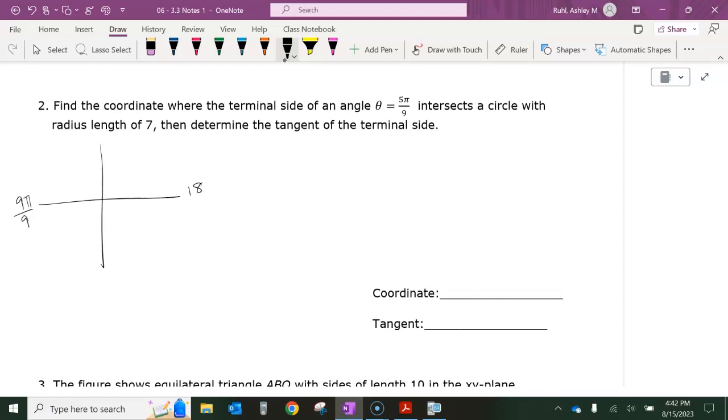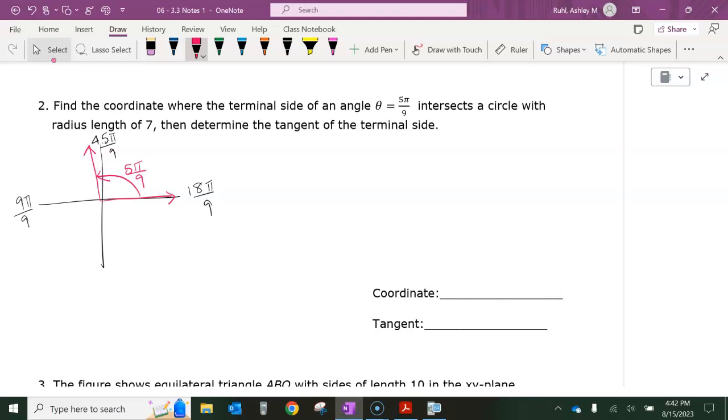This would be 18 pi over 9. Halfway between 0 and 9 is 4.5 pi over 9. So 5 pi over 9 is just over this. So this would be my angle, and standard position would be this, 5 pi over 9.